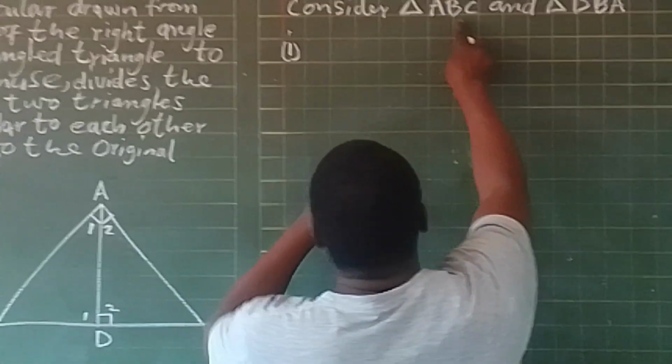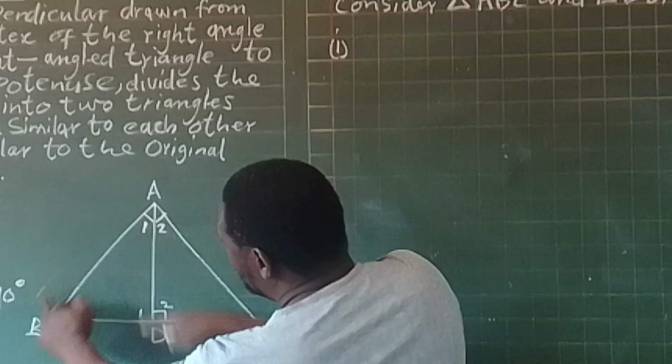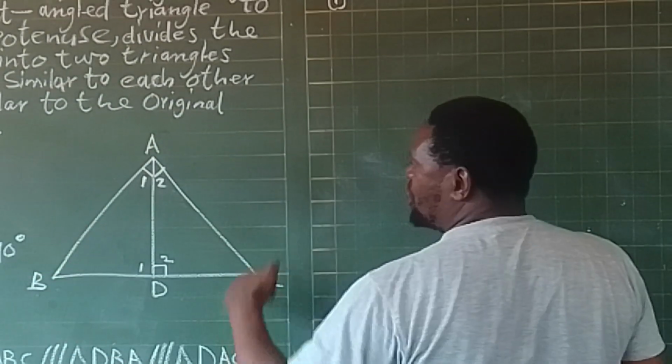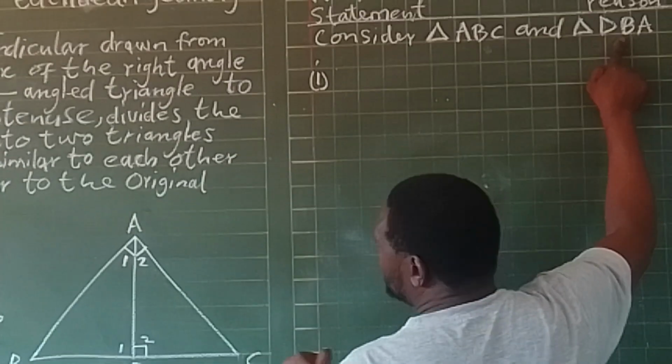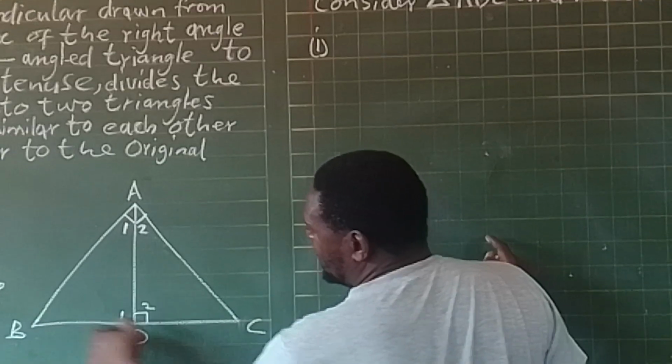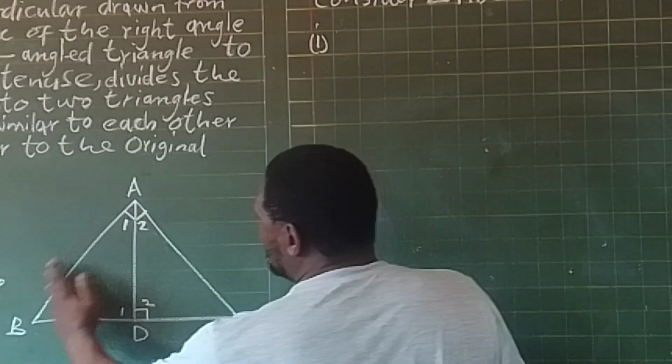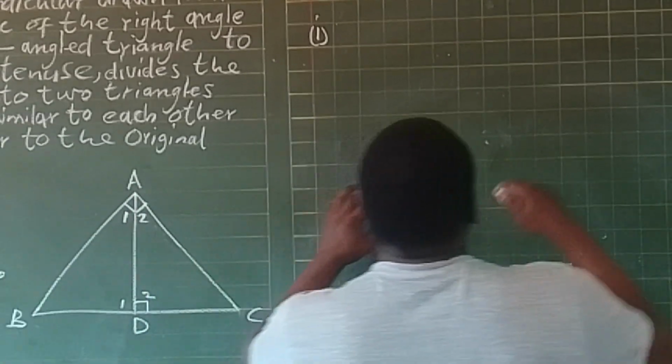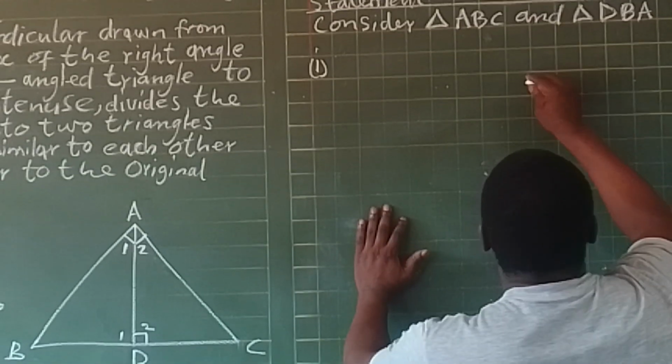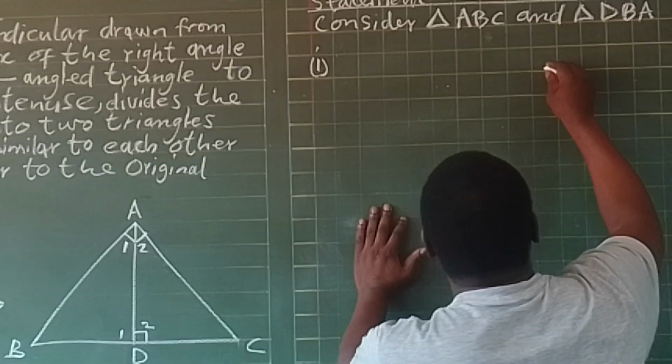You see, triangle ABC here is the whole triangle, with DBA. Now we are taking this triangle and that triangle. In other words, let me draw it here so that you can see what we are talking about.